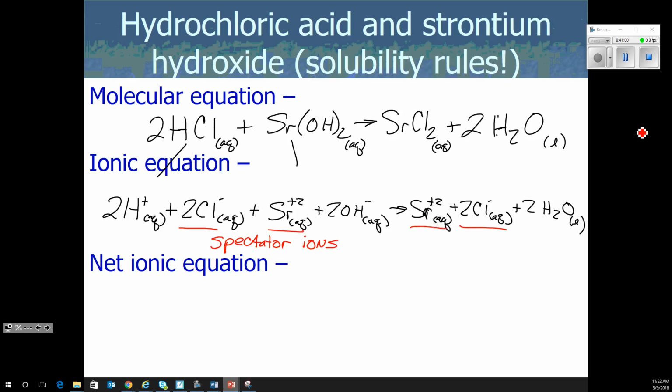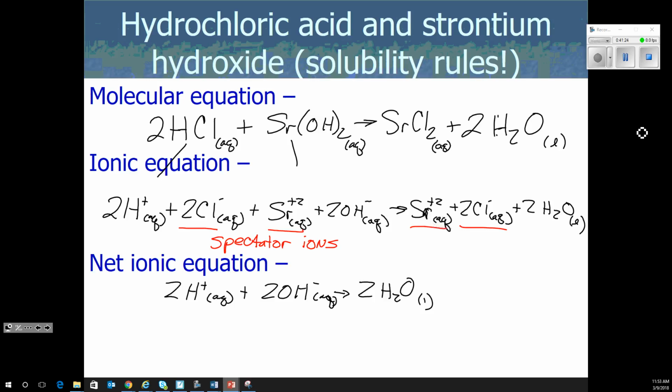So for the net ionic equation, as I come down here, I would write 2H plus AQ plus 2OH minus AQ yields 2H2O liquid. Okay, now, what do you notice about that equation?